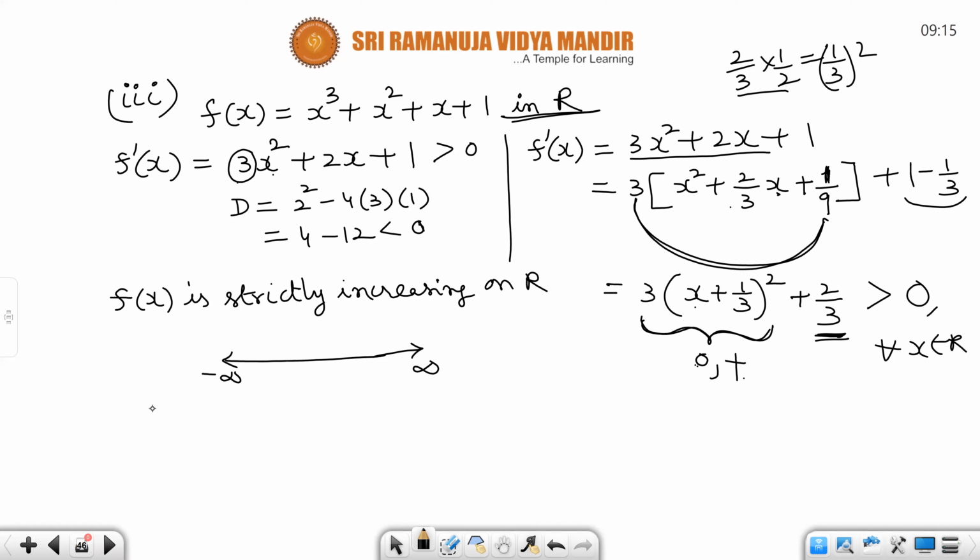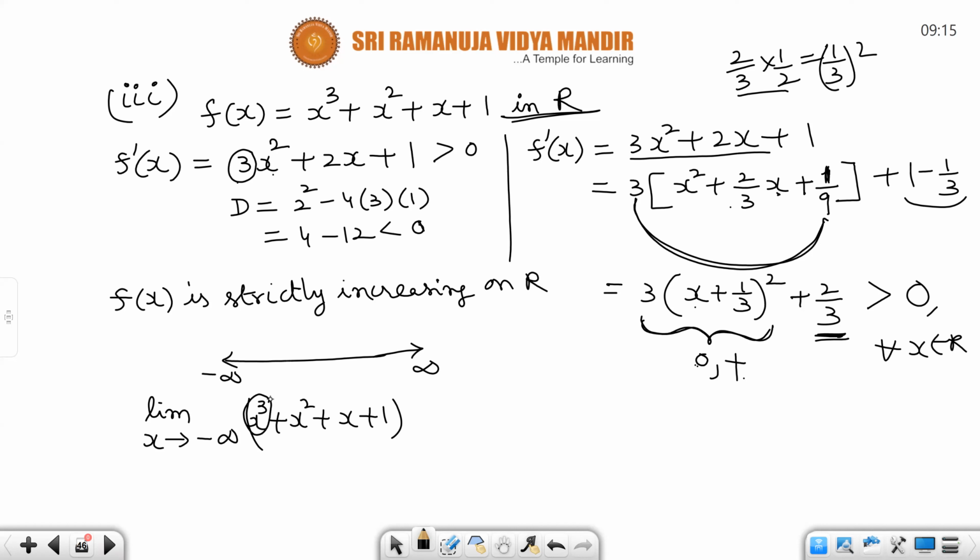Okay. So limit x extends to minus infinity, f of x. F of x means x cube plus x square plus x plus 1. So in the limits class, I have told you clearly, when x tends to either plus infinity or minus infinity in a polynomial function, the highest degree term only will stand, all others will vanish.